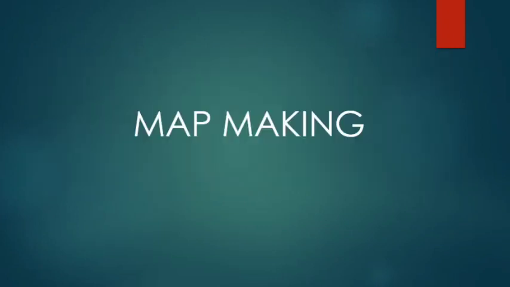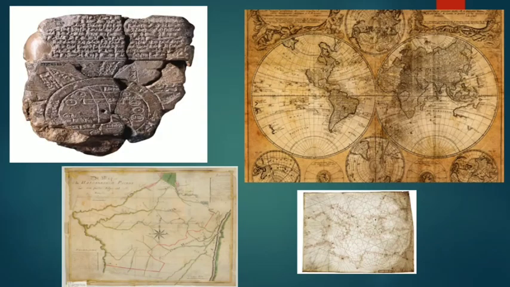This is a very interesting topic of the day, I can say, because what is the history of map making? That is what we are going to discuss now. These are the pictures of different maps used in ancient times. So this is a clay tablet, which was used by ancient people. They simply drew the boundaries of a place on a clay tablet.